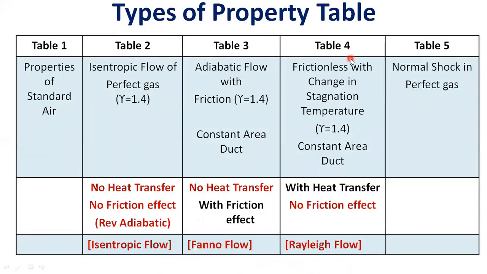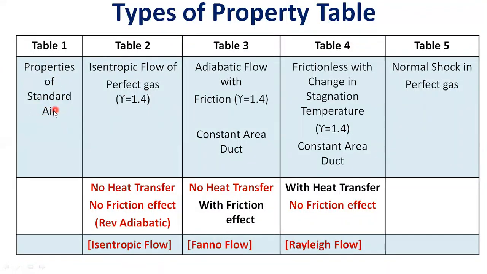So, in this gas dynamics subject, we will use five different types of property tables. So, first property table, that is table one, is for properties of standard air. So we are considering air as a perfect gas.